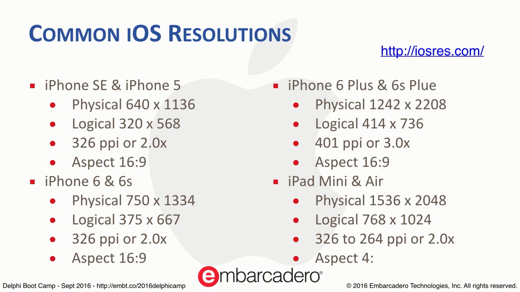And then here are some common iOS resolutions. Now, Apple did just announce the iPhone 7, which is probably going to be the same as the 6 and 6S. I don't remember if they said anything about screen size, resolution, or density changes, but I suspect it will be the same as the 6 and the 6 Plus, or 6S and 6S Plus.